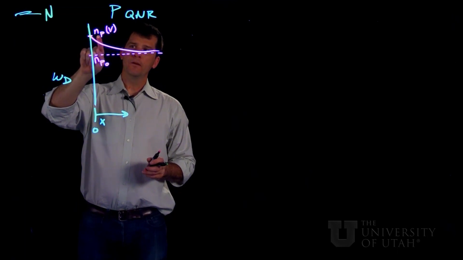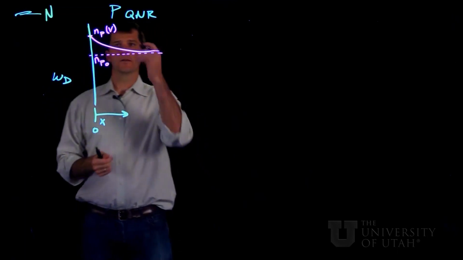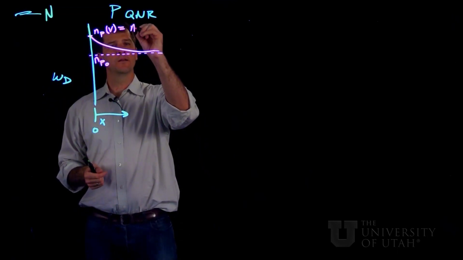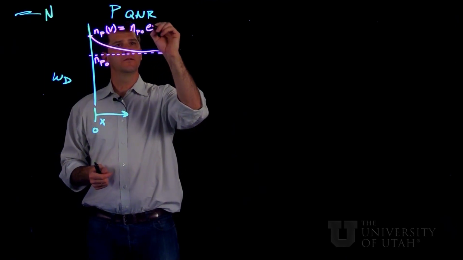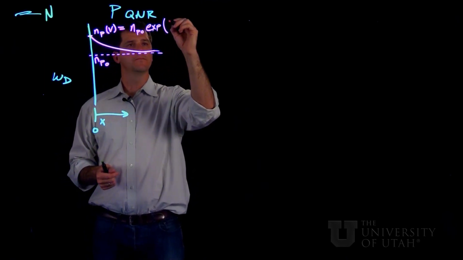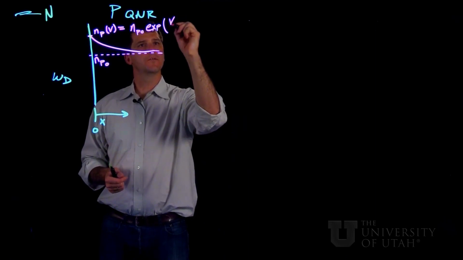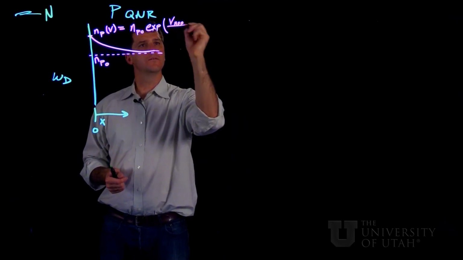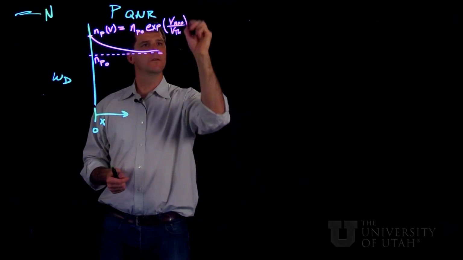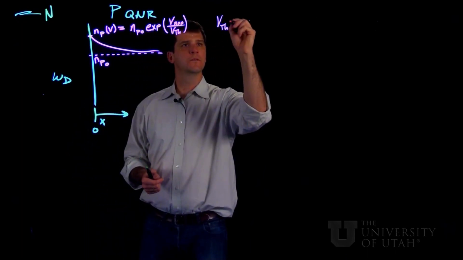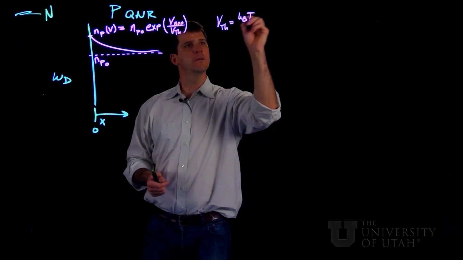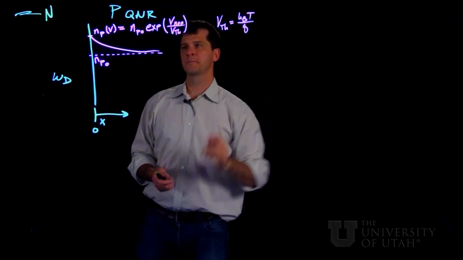And we showed that the concentration of those electrons is given by n p naught exponential to the voltage applied over V thermal. And again, V thermal is defined as kBT over q.